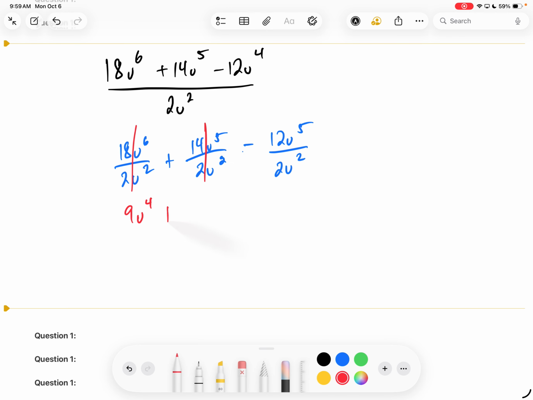On this one, 14 divided by 2 is 7. I got 5 u's on top, 2 on the bottom. So I got 3 u's left over on top. On this one, 12 divided by 2 is 6. 5 u's on top, 2 on the bottom. I got 3 u's on top.